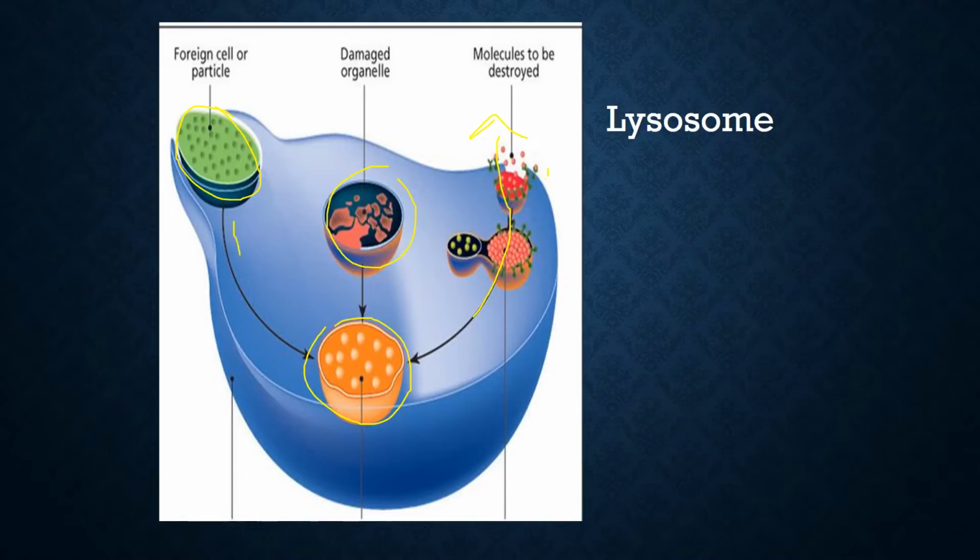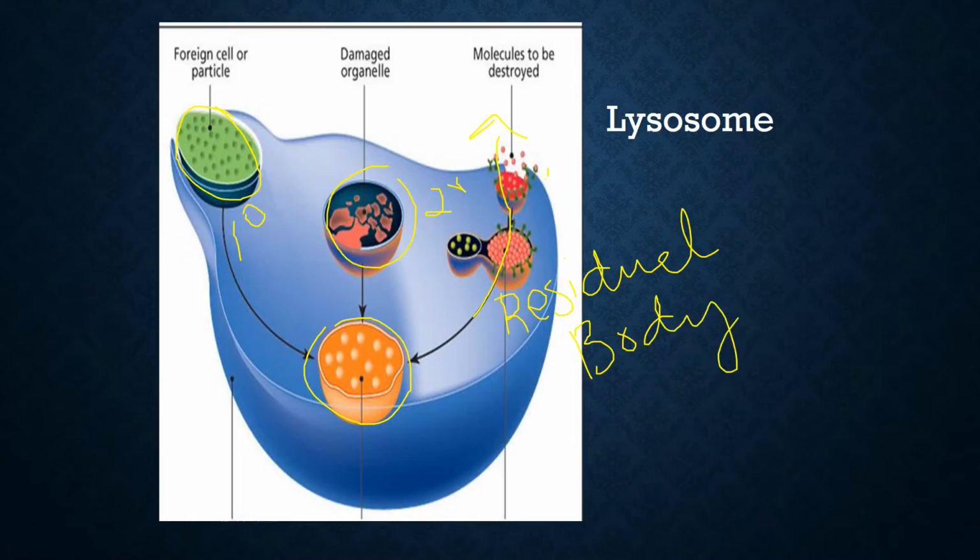So here, this would be an example of a primary lysosome, and here would be an example of a secondary lysosome. And then we have residual bodies that fill with waste and are expelled via exocytosis. So here would be an example of a residual body in terms of that lysosome.